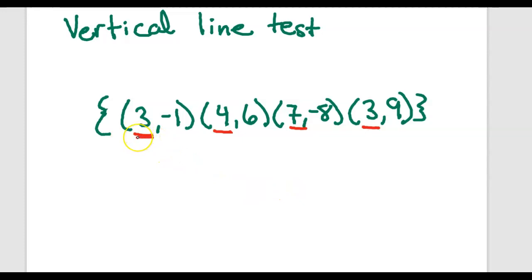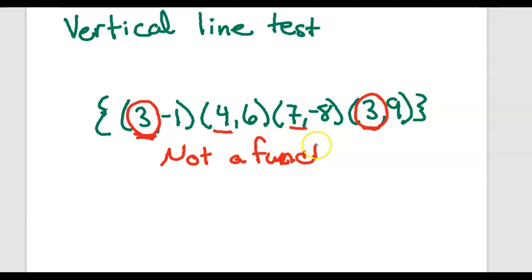You'll notice that this x value and this x value repeat. So this particular set of points is not a function. And if we were to draw it on a graph, these 2 points would be right above each other, so it would not pass what we consider the vertical line test.